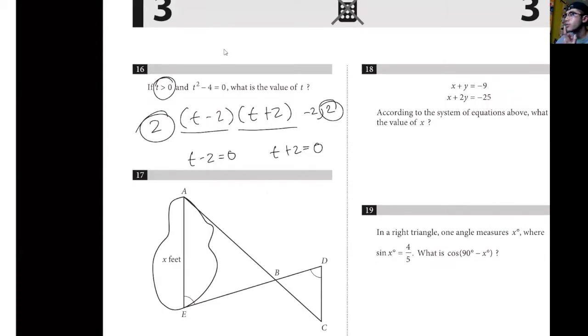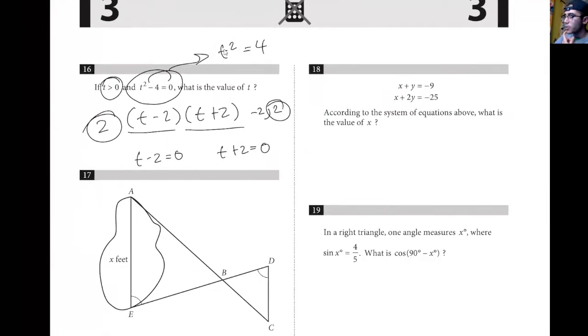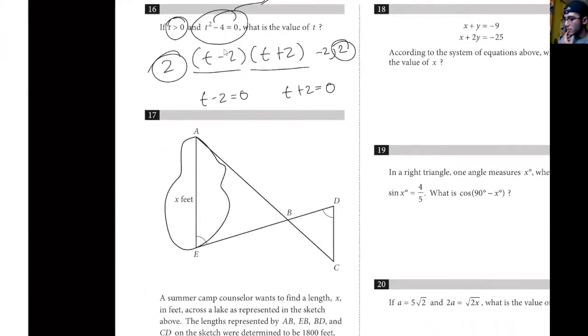Oh, yeah, you could do that too. You could technically do that. Are you saying you want to do t squared is equal to 4? That works. You can just square root both sides. You're going to get plus minus 2. Just remember, when you square root a positive number, it's always going to be plus minus, right? No, I understand. Don't worry about it.